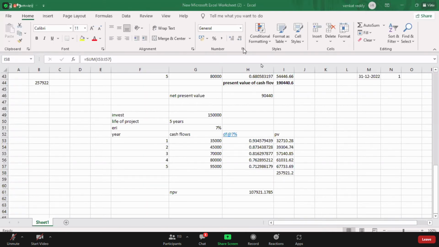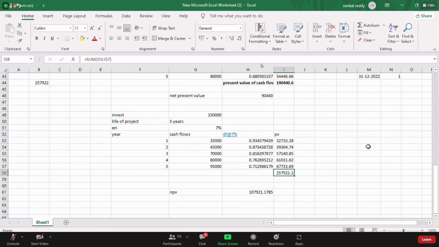Okay. Now the next one is outflows as negative and inflows as positive. Here we are assuming this 2,57,921 as cash inflows. If a project is generating cash inflows, it is a positive aspect for the company, so we assume it as a positive element.